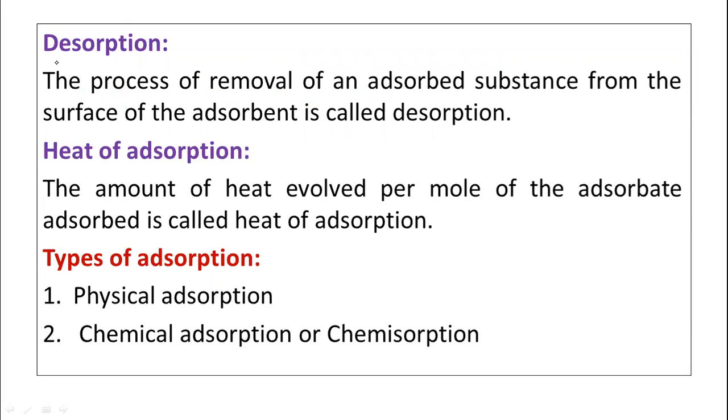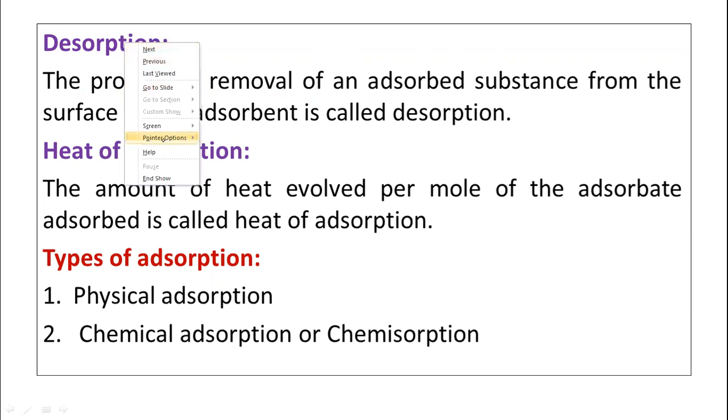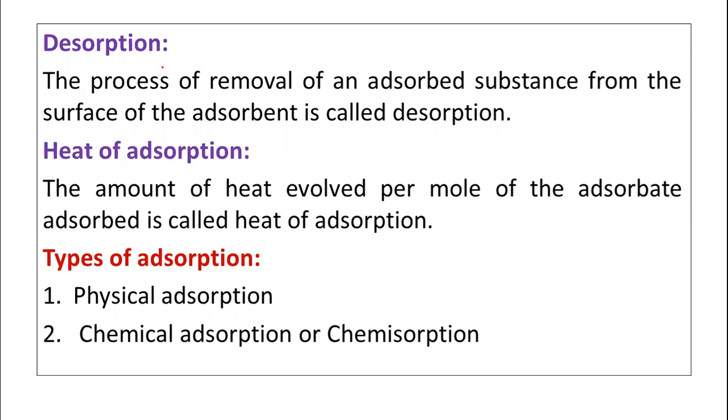Now let us discuss desorption. Desorption is totally opposite to adsorption. In the adsorption process, the molecule accumulates on the surface of the adsorbent, while in the desorption process, the adsorbed molecules leave the surface. The process of removal of an adsorbed substance from the surface of the adsorbent is called desorption.